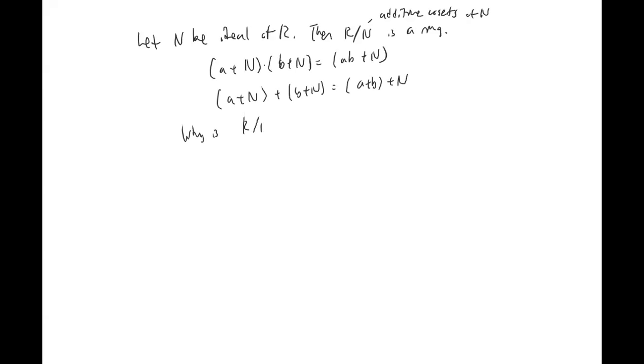Why is R mod N an abelian group under plus? You need to check it's a ring, so you have to show it's an abelian group under this. So before that, why is it a group?